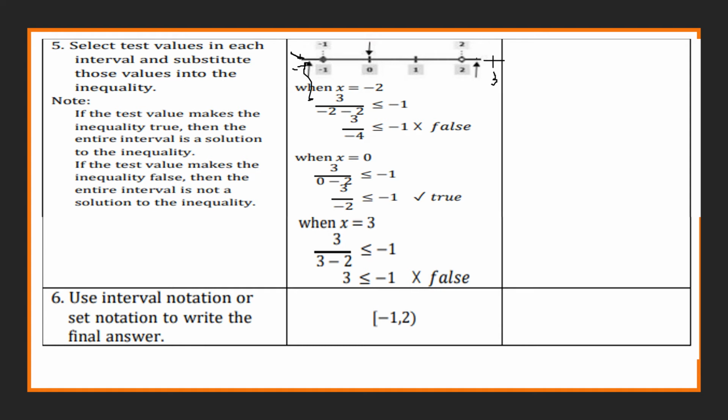Okay, so let's try negative 2. Why should we make the value bigger? Let's just use the smaller value. So 3 over negative 2 minus 2, substitute again in our inequality, less than or equal to negative 1. So 3 over negative 4 is less than or equal to negative 1. That is false, because that value is greater. Okay, greater than.